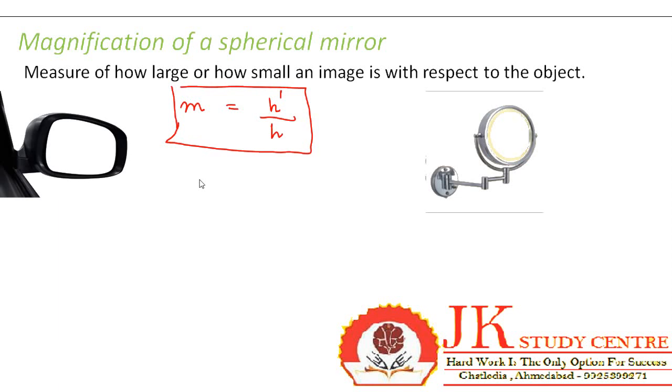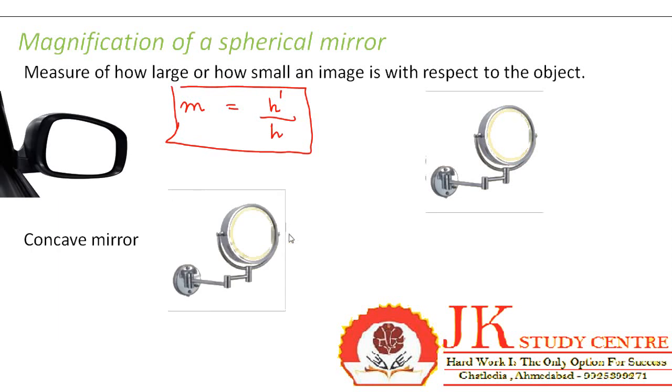Now let us try to look at the magnification in case of a concave mirror. Let us suppose this is a concave mirror. What kind of image do we normally get in case of a concave mirror? Okay, let us try to find out magnification in case of concave mirror. Your magnification would be A dash B dash divided by AB.